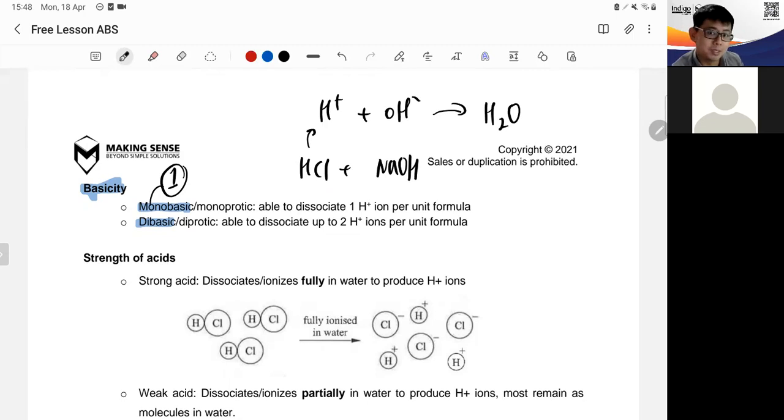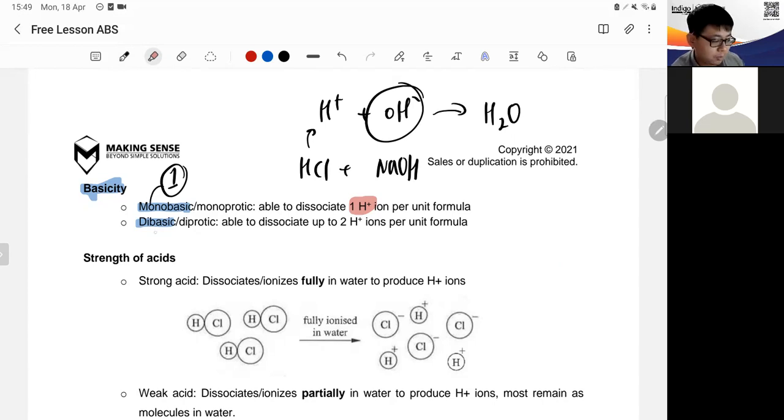Mono base, one base. But unfortunately, as the days go by, people seem to use it more loosely. They seem to think that monobasic means it can dissociate to give 1 H plus. I mean, it's fine. It's not a terrible thing to do, but to be very technical about it, monobasic means it can react with 1 mole of base.